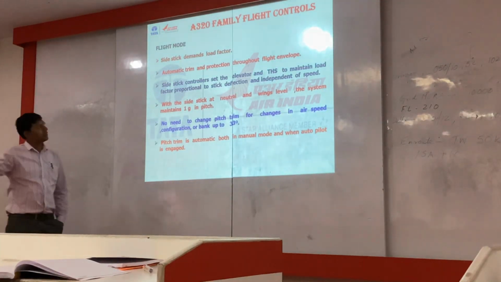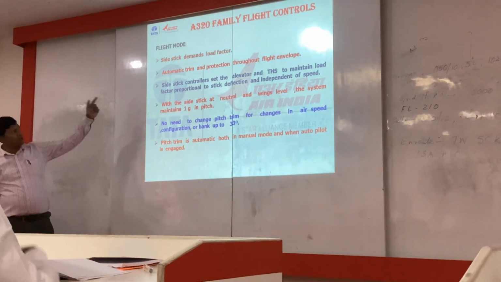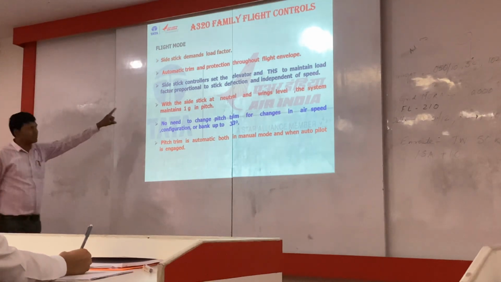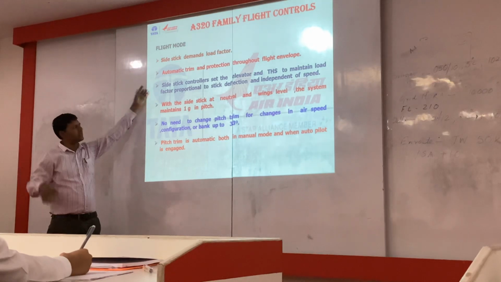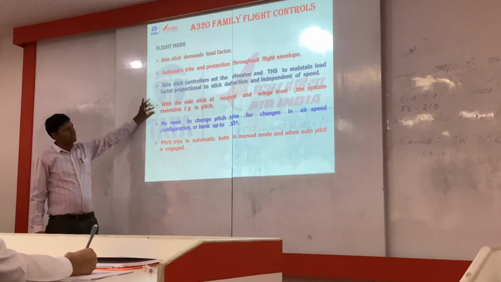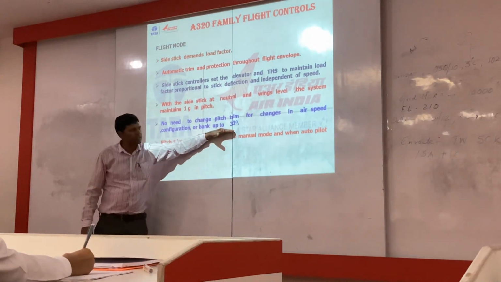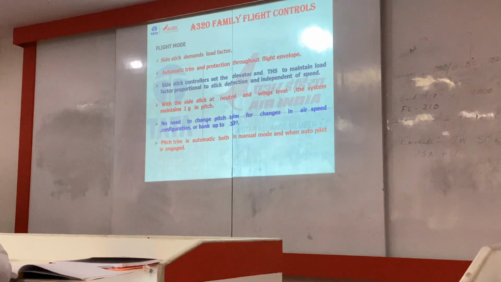So flight mode, we have seen that it is purely on the load factor demand. Automatic trim and protection throughout flight. The side stick controller sets the elevator and THS to maintain load factor proportional to the stick. 1G they are maintaining. No need to change the pitch, and it will bank up to 33, so basically it is restricting you to a certain value, 30. This trim is automatic both in manual mode and when autopilot is engaged.